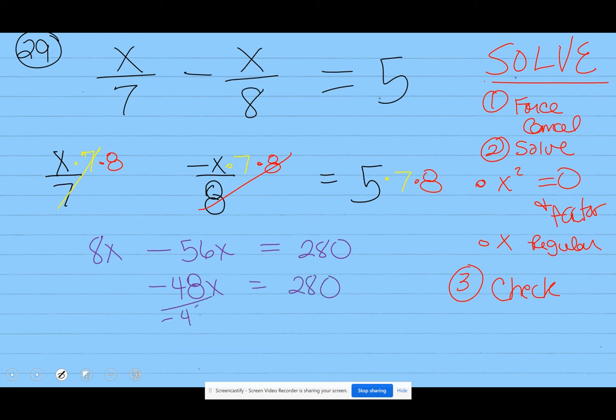Divide both sides by negative 48, because this is a plain x problem. It's a regular solve problem. And I get x is equal to 280 over negative 48.